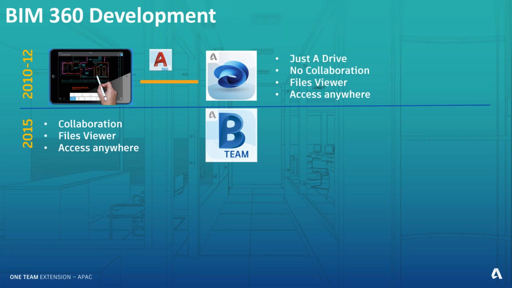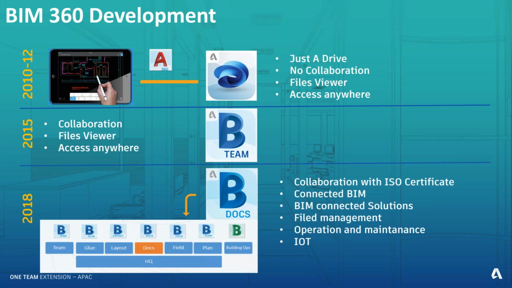However, with the file being accessible through HTML, there was a much better opportunity to use it in a broader spectrum. So in 2018, last year, we were able to split BIM 360 into multiple services. The main one, which we call BIM 360 Docs, is the document management, which stores all the data.